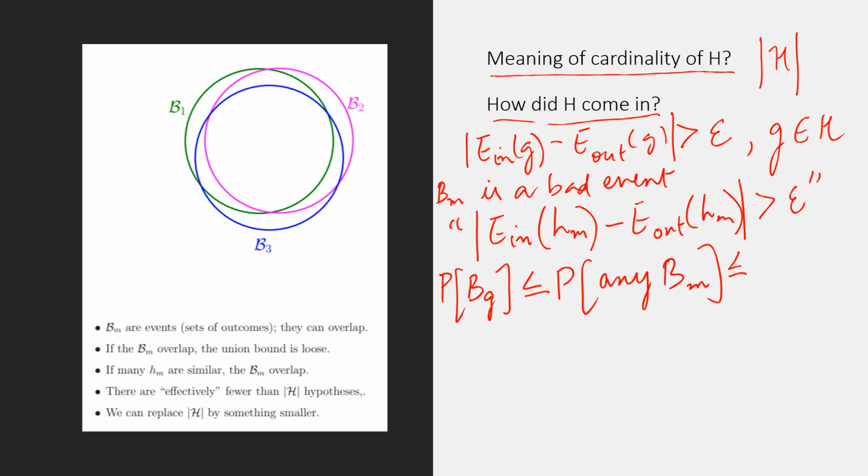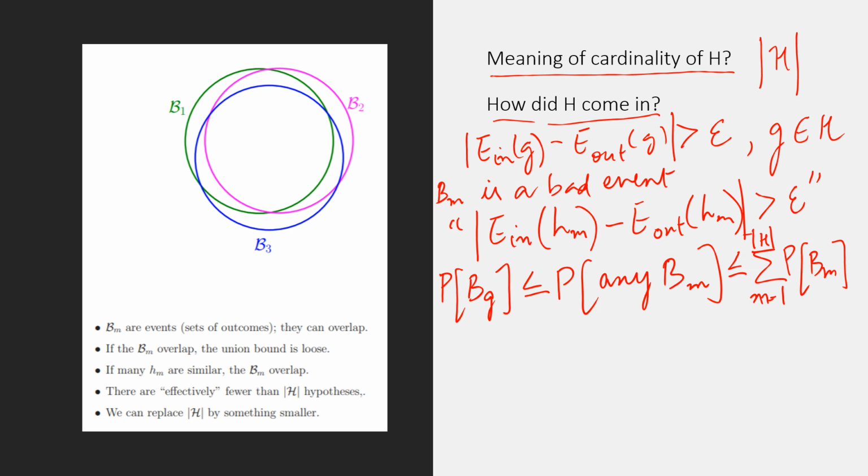Which obviously is less than or equal to the sum of the probabilities of all B_Ms, where M goes from 1 to the cardinality of H. Initially it was M, but then we said let's denote it by H. So this is what we said.